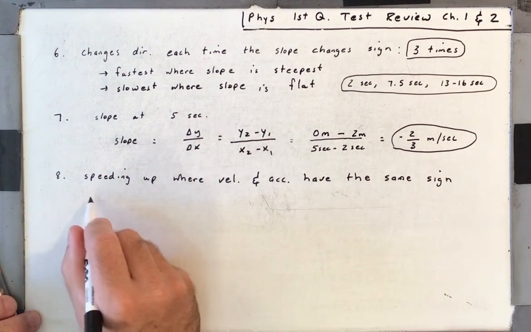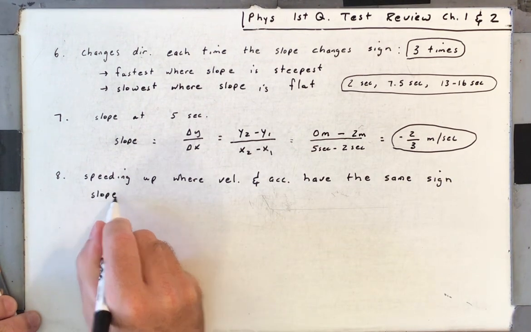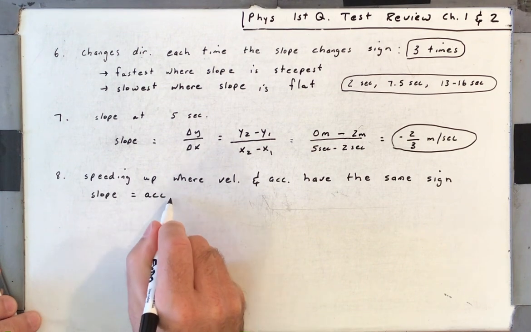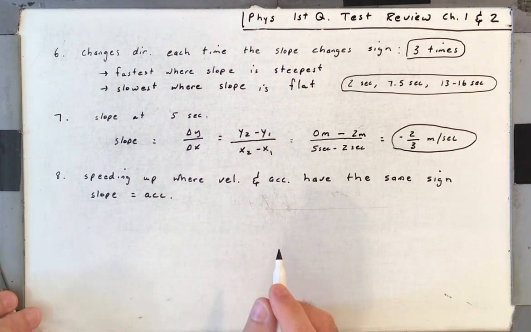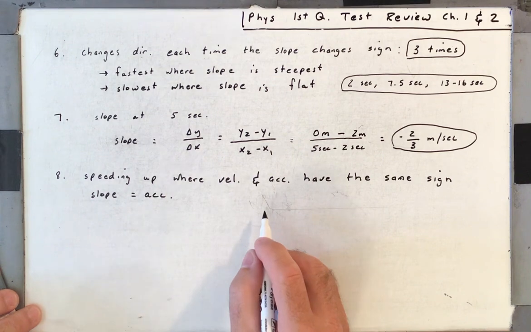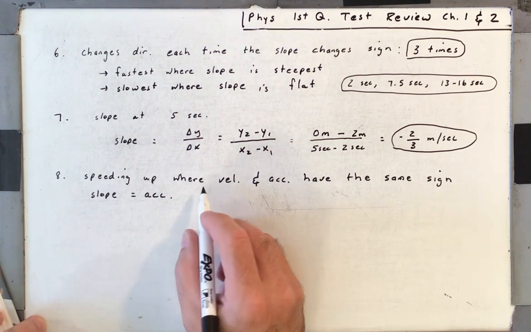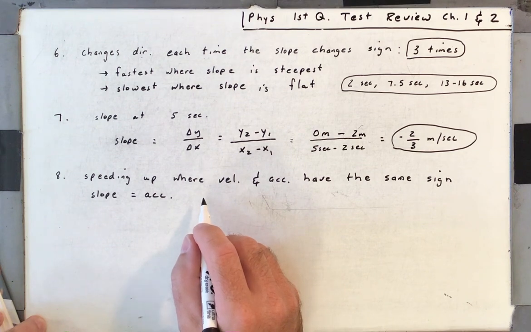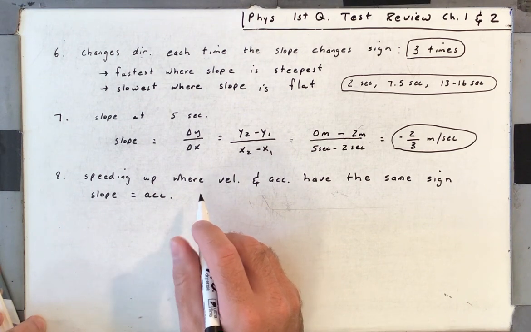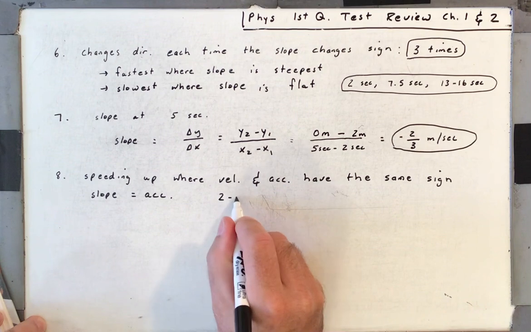And you have to remember that the slope is equal to the acceleration on a velocity versus time graph. So where do they have the same sign? If you want to back up and look at my explanation again, that occurred between 2 and 4 seconds.